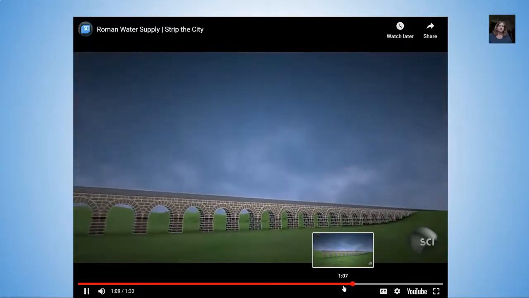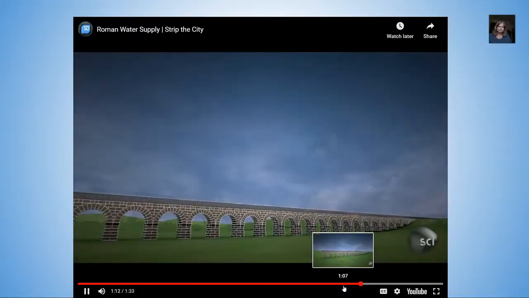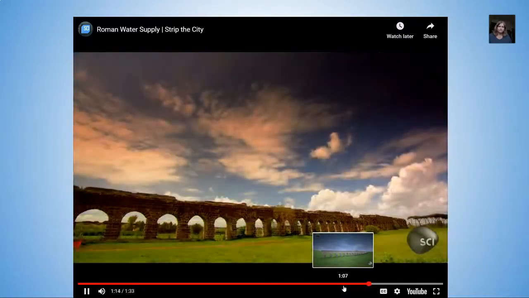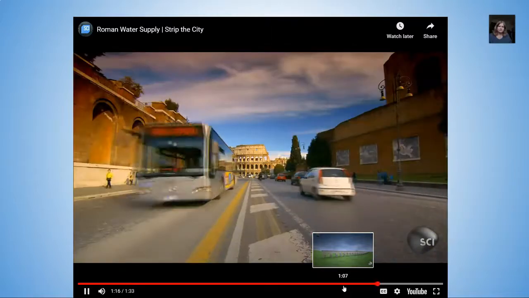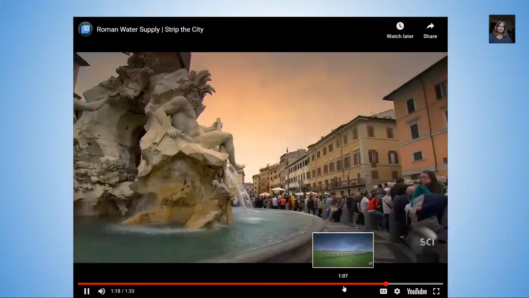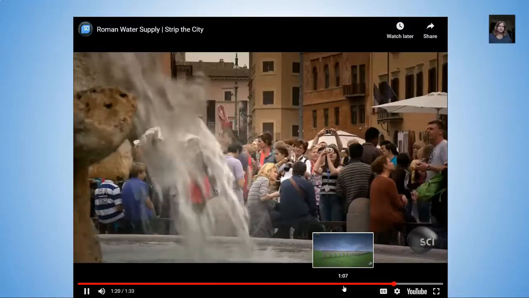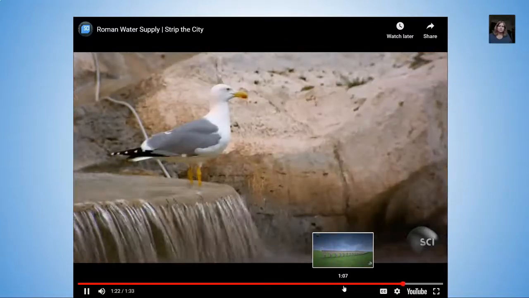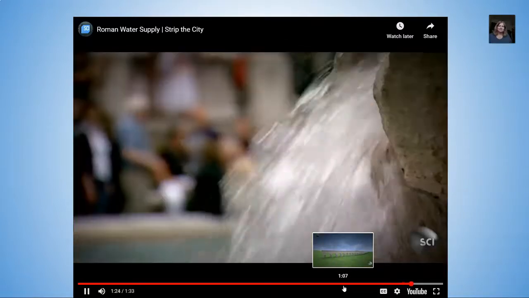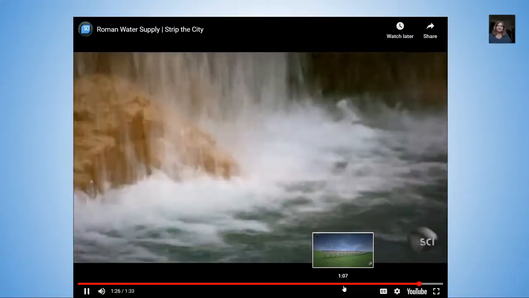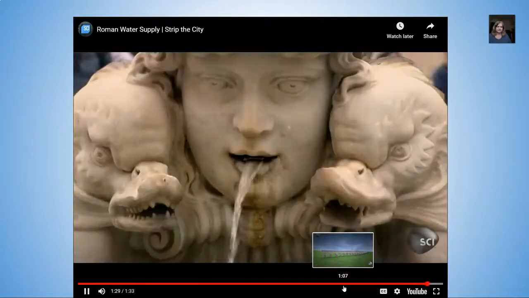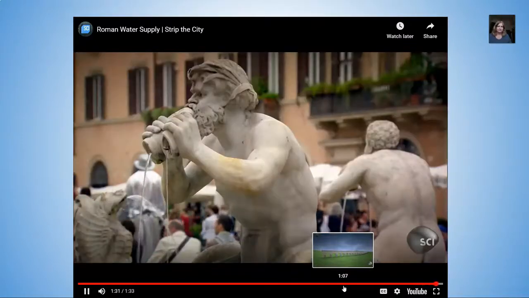These plumbed into a network of fountains that fed water to 1 million Romans. Today, Rome's fountains are still safe to drink from. And because they always keep the water flowing, they stop the city's pipes from clogging up.